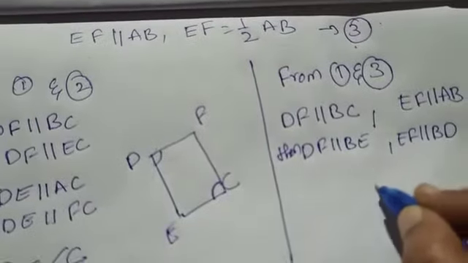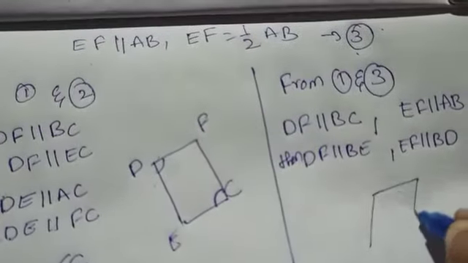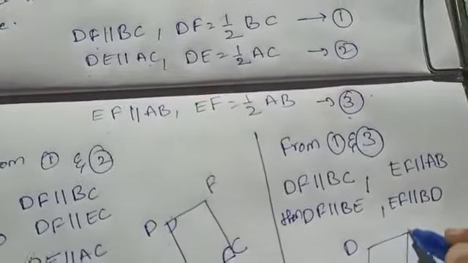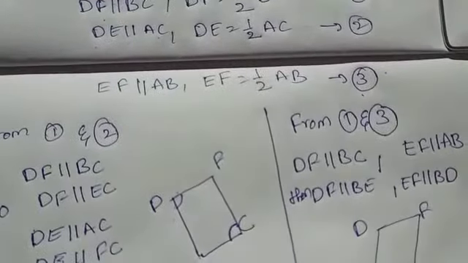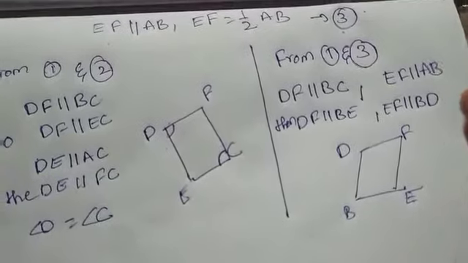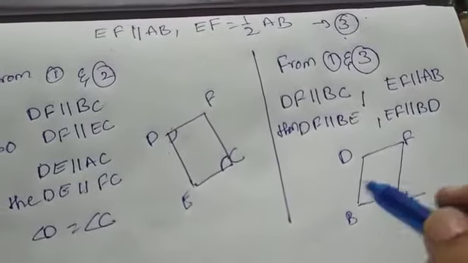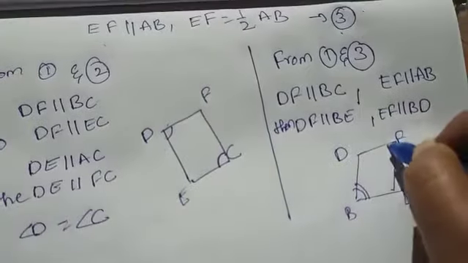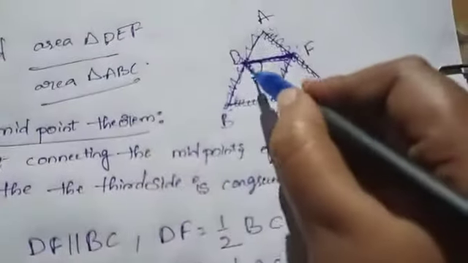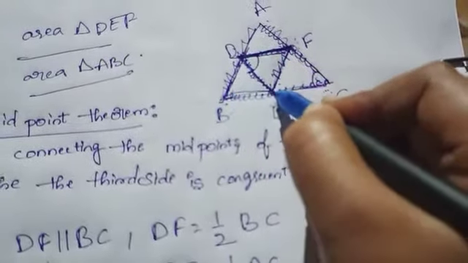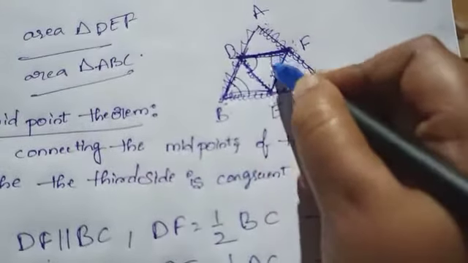So here we get one parallelogram, that is BDFE. In a parallelogram, opposite sides are parallel and opposite angles are equal. Here angle B equals angle F.